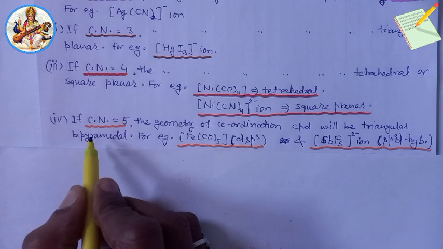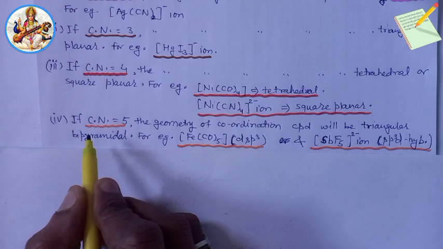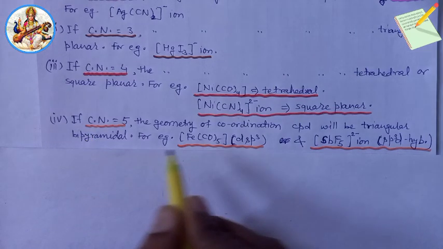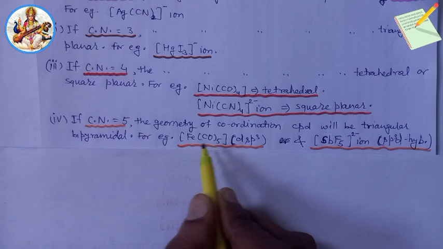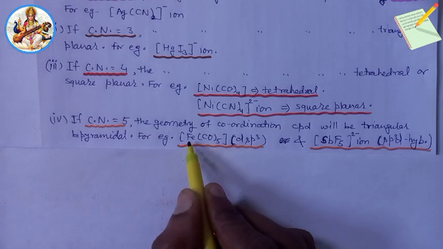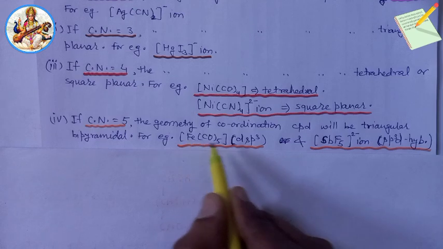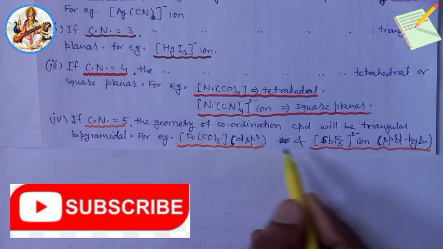Similarly, if the coordination number is 5, then the geometry of the complex compound or ion will be triangular bipyramidal. For example, [Fe(CO)5], the geometry is triangular bipyramidal. In this condition, the hybridization state of Fe0 is dsp3.